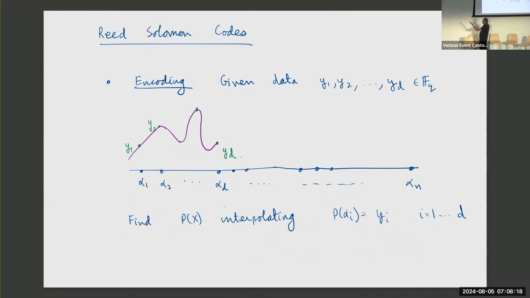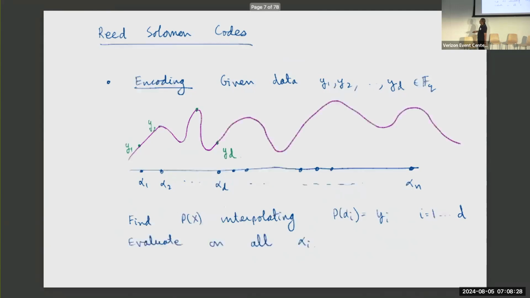And then what we look at is a polynomial p that interpolates this data. p of alpha_i should equal y_i for all the i's going from 1 up to d. And we find this polynomial, and then we evaluate at all the remaining alpha_i points. This is the Reed-Solomon code. This is how you take d symbols of data and you make it into n symbols of data. And this is a very, very general and powerful code.